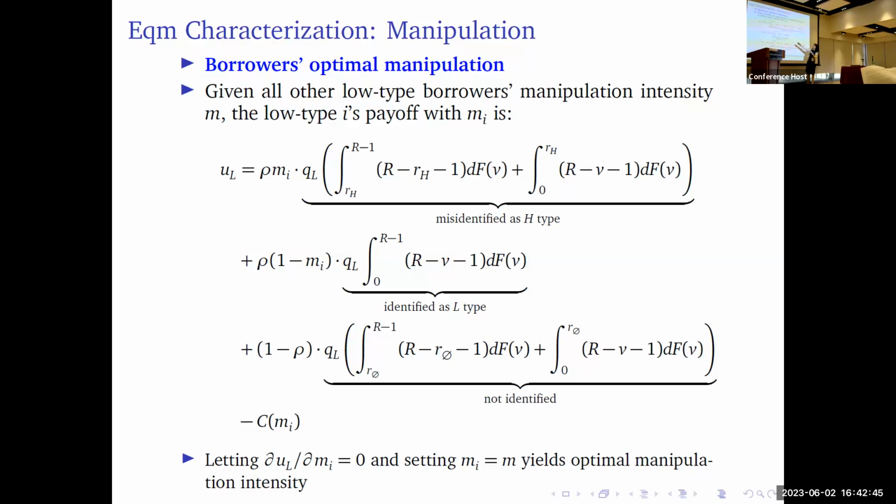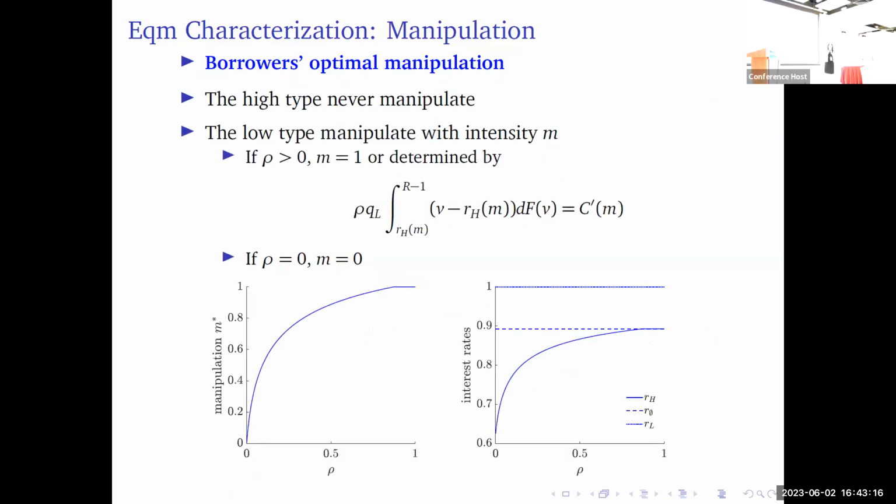In that case, I will receive a more favorable interest rate RH. With some probability, I won't be identified as high type, but I will still be identified as a low type. And with some other probability, the signal is missing, so there is no signal generated. That's the calculation that happens in the mind of the borrower.